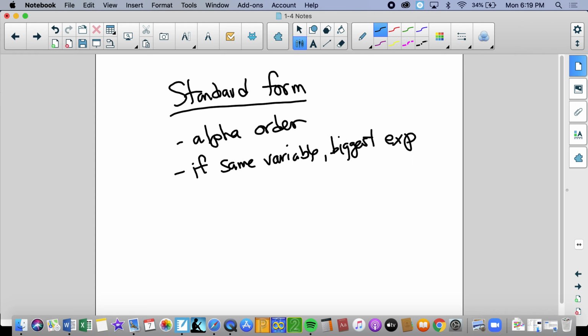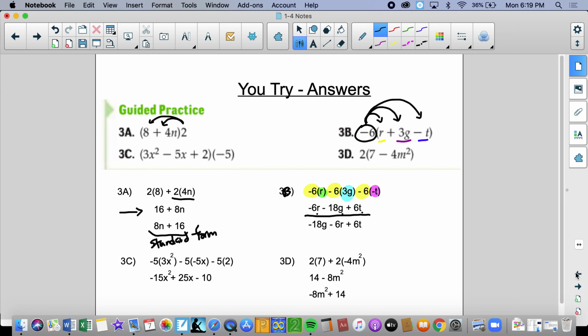Okay, so we're going to go alpha order, and the constant will always be last. So when we go back here, we're going to go in alphabetical order. We have r, g, and t. What comes first? The g. So the negative 18g is going to come first, then the negative 6r, and then the positive 6t. g, r, t. Okay, so that is alphabetical order.